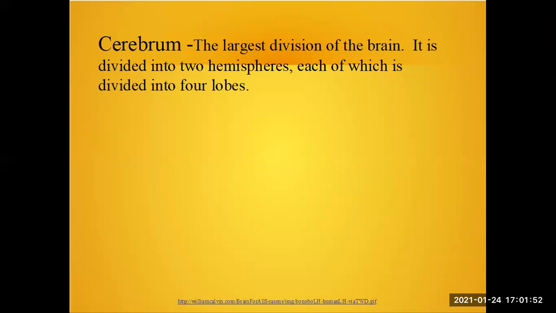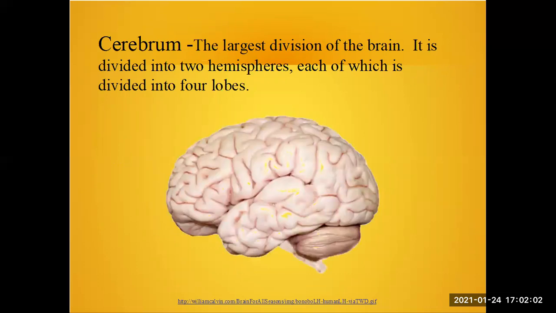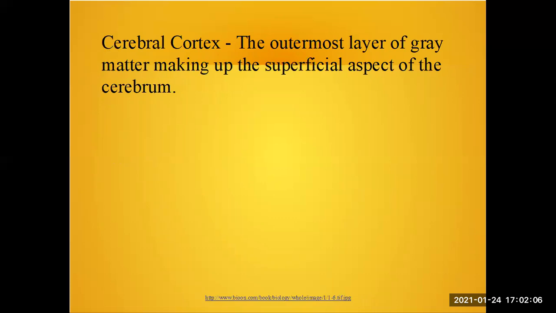Cerebrum, the largest division of the brain. It is divided into two hemispheres, each of which is divided into four lobes. Cerebral cortex, the outermost layer of gray matter making up the superficial aspect of the cerebrum.